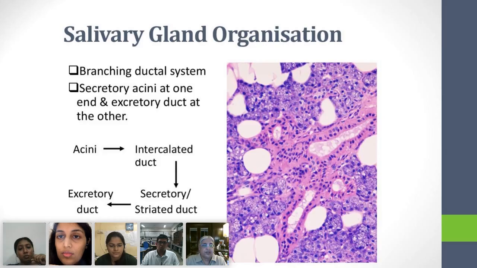So you have secretory acini at one end and the excretory duct, which you can't see in this because it's a large duct. You know that you have Stenson's duct and other ducts. Now, acini pour their secretions into an intercalated duct. This is then followed by a secretory duct or a striated duct.